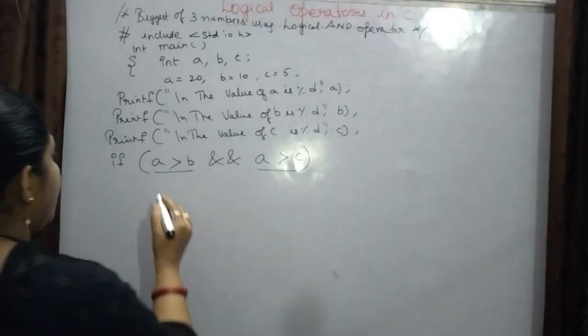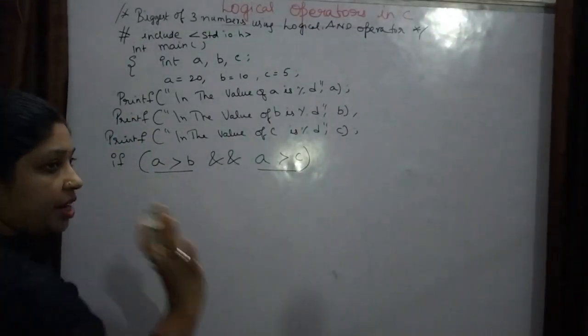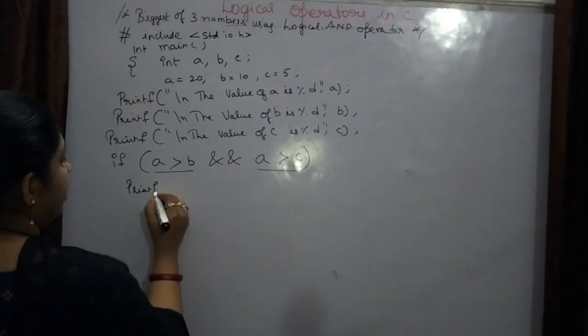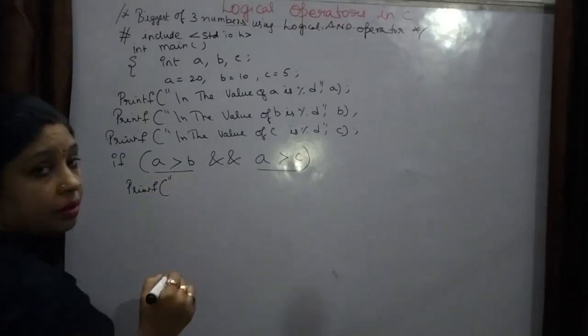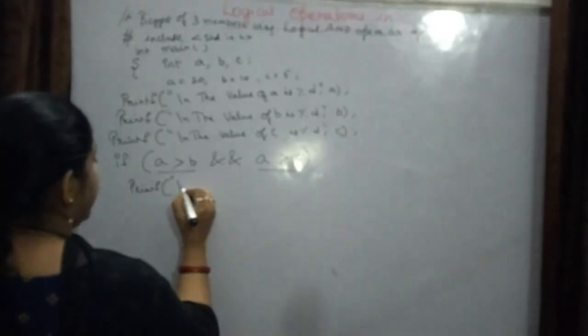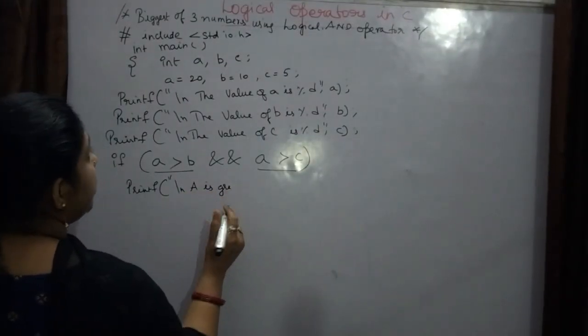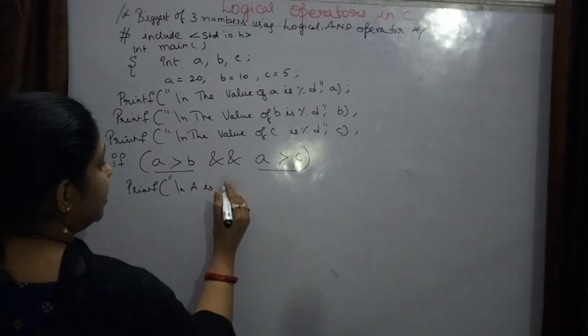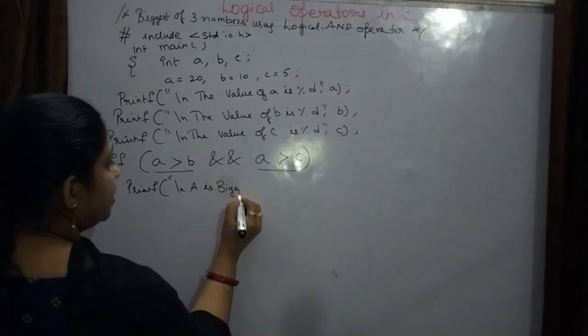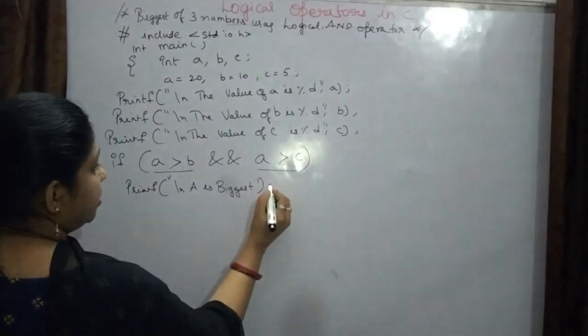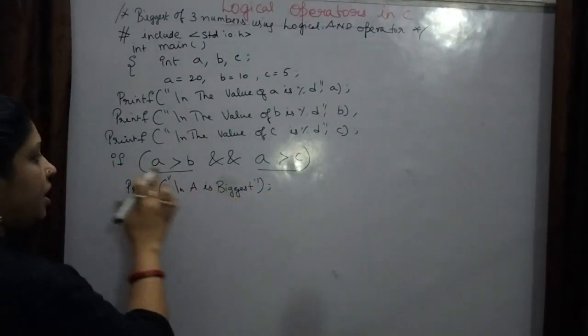Now if this condition is satisfied, then what it has to do is printf, open the braces, \n, a is biggest. Now close it. So it is going to print this.